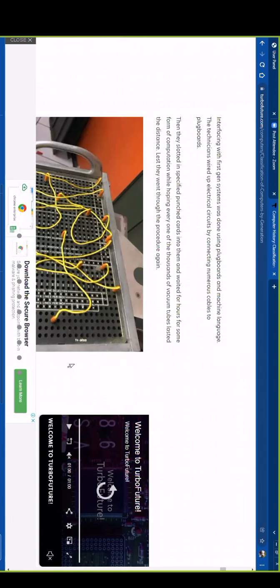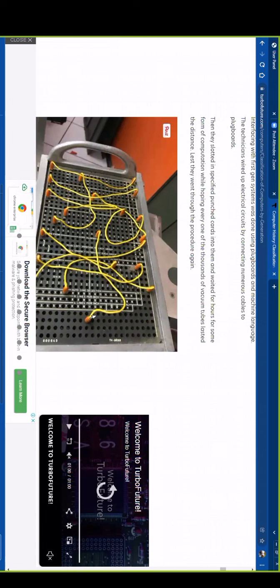The interfacing with the first generation system was done using plug boards. Okay, so this is the actual circuitry of the first generation computers.